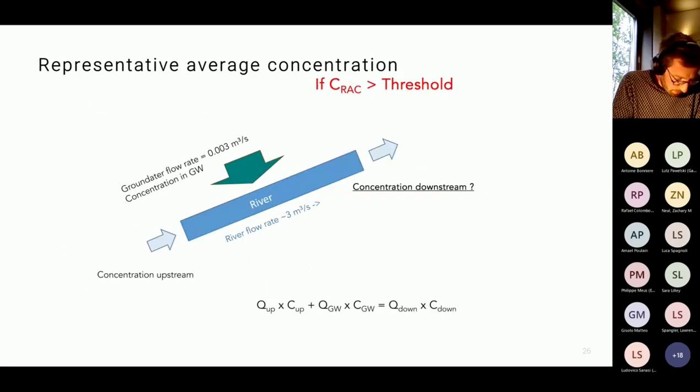But sometimes, of course, the representative average concentration is not lower than the threshold value, and we have to evaluate the risk for the receptor. And in this case, the receptor is the river. The mass discharge allowed us to calculate the concentration of metal in the river resulting from the metal discharge.